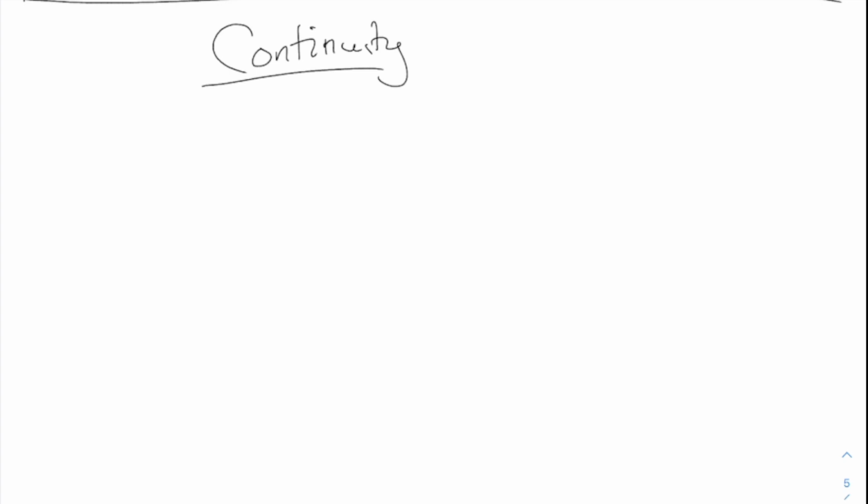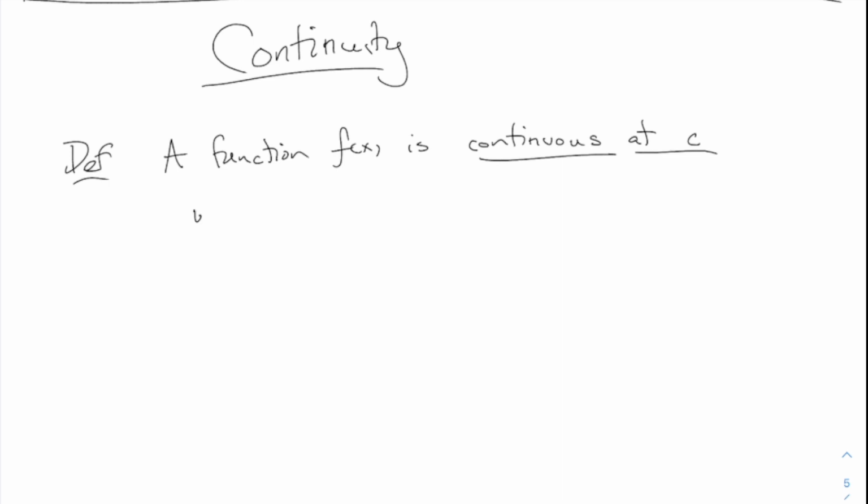A function is continuous. It's actually not hard to say the definition. If you look in a typical calculus book, they will say what I'm about to say. A function f of x is continuous at a point, let's say continuous at c, when the limit as x goes to c of f of x equals f of c.